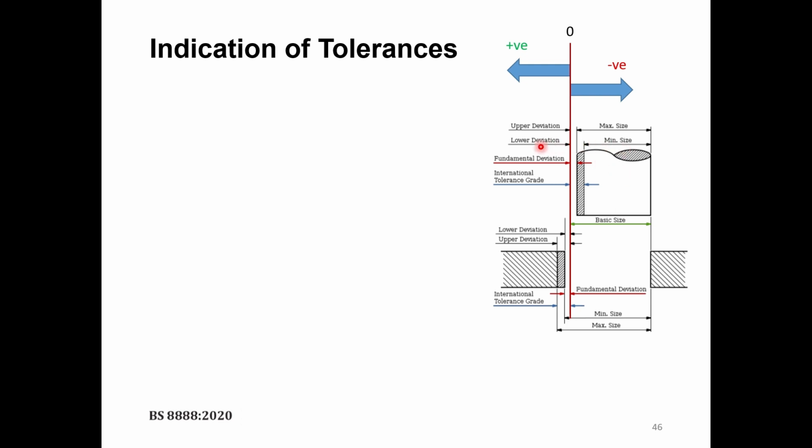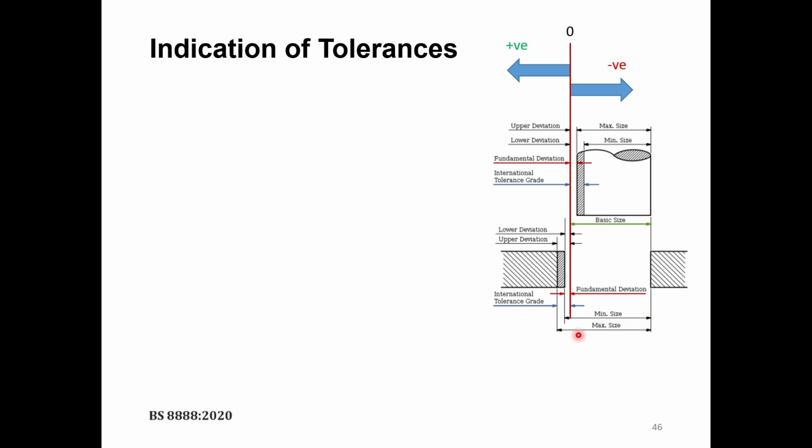You see here, the lower deviation goes with the minimum size, and the upper deviation goes with the maximum size. If you look at the bottom, you will find the hole. If we start again from this edge and measure the minimum diameter of the hole, it's on the right-hand side, so it's on the positive side, larger than the basic size.